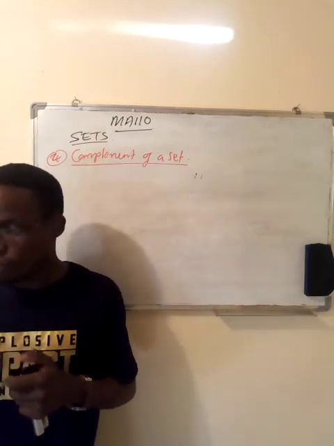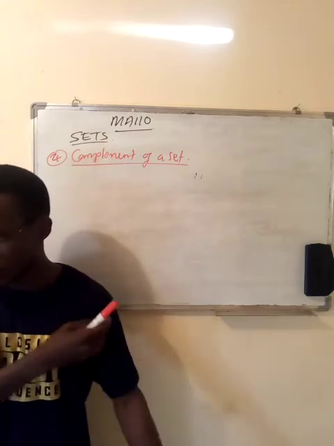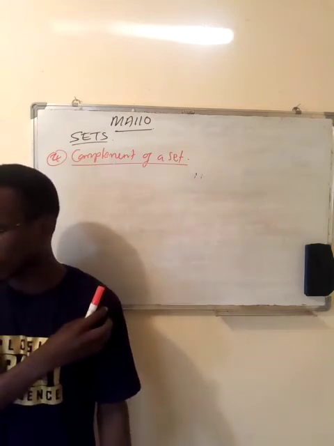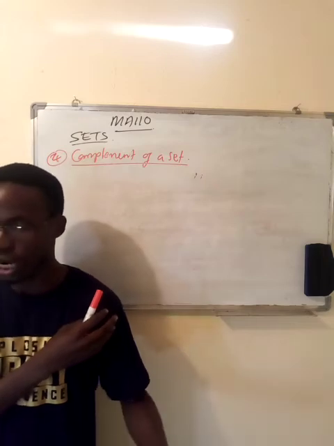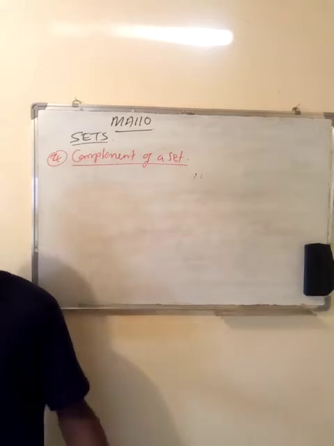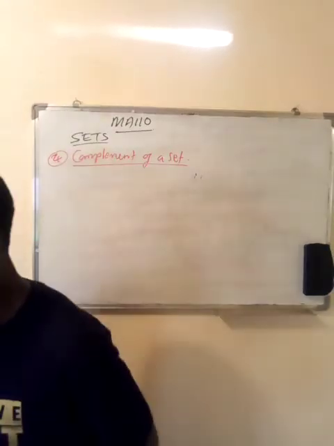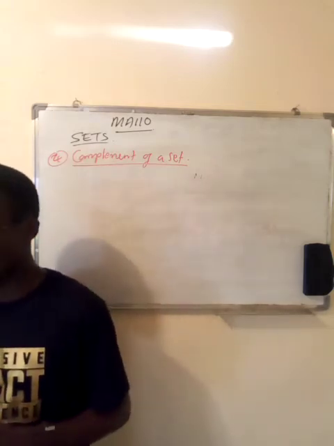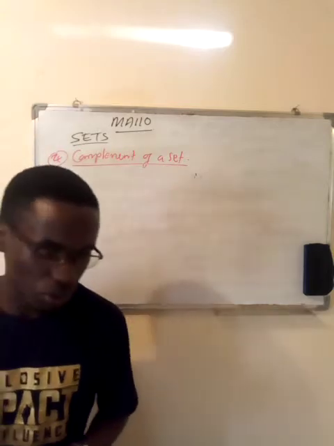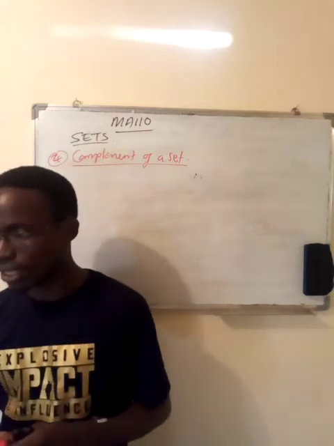Remember we said that the universal set is a set containing all elements and sets that are under discussion at that particular moment. So if we say complement of a set, it means the elements that are not part of that given set, the set you're talking about, but they are within the entire universal set. That's what the complement means.